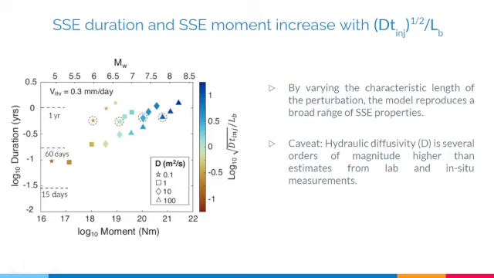Another thing is that both duration and moment increase with increasing size of the perturbation length scale. However, these results have a caveat, which is that we have to assume hydraulic diffusivities between 0.1 and 100 meters squared per second, which are several orders of magnitude higher than estimates from lab and in situ measurements.